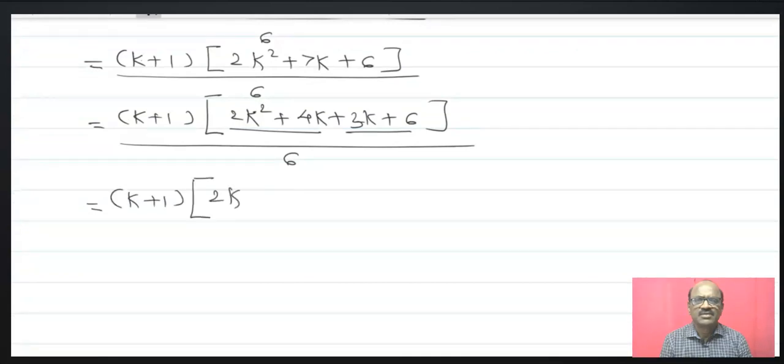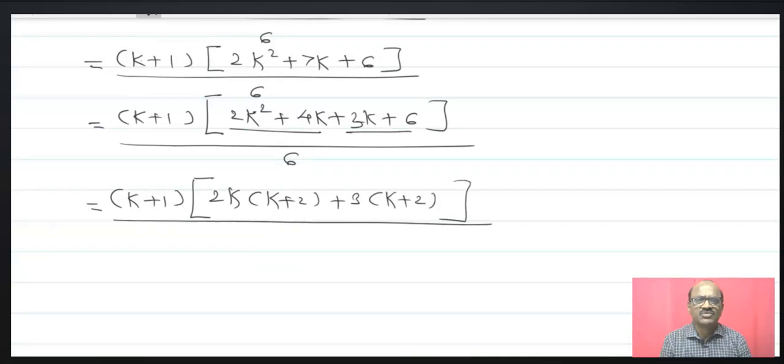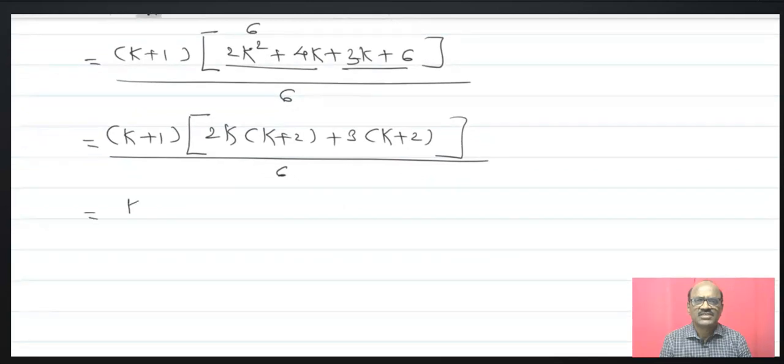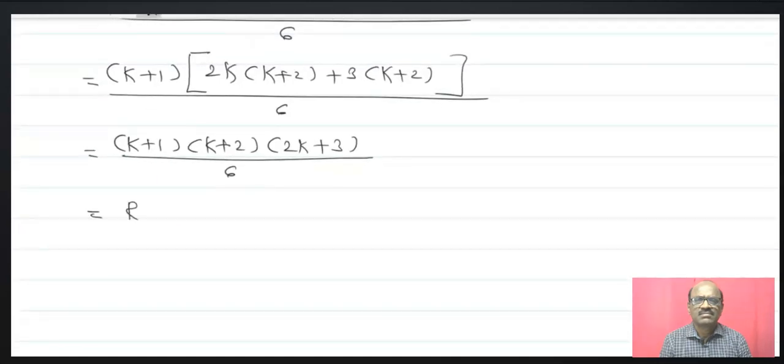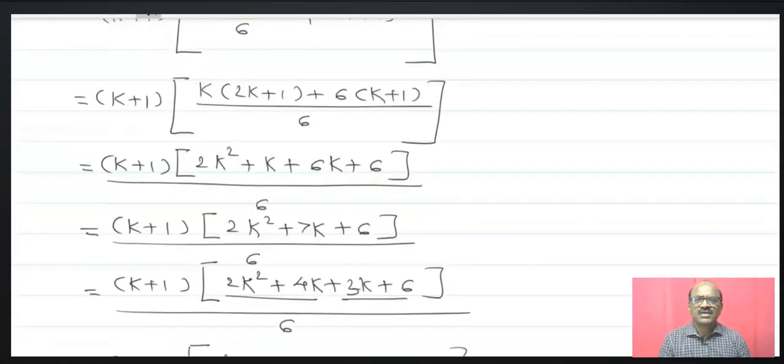Therefore, k plus 1 in bracket, we take the 2k in bracket k plus 2, 3 in bracket k plus 2 upon 6. Therefore, k plus 1 in bracket k plus 2 in bracket 2k plus 3 upon 6. This is the RHS.